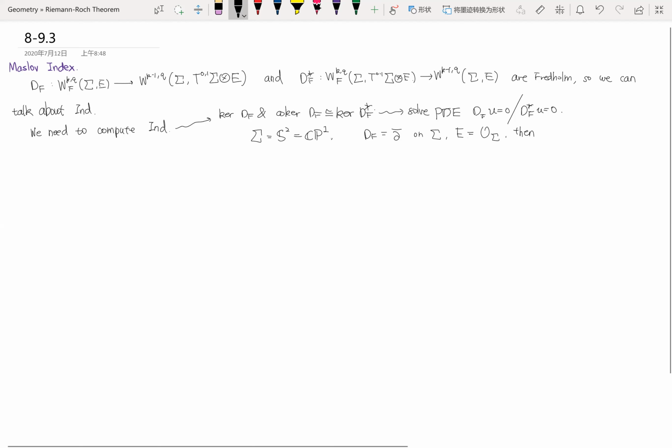Then we know that d-bar u is 0 if and only if u is holomorphic. In this case, we can determine it easily, because by the Liouville theorem, the kernel of df is just the space of all complex numbers. So it is of complex dimension 1 and real dimension 2.